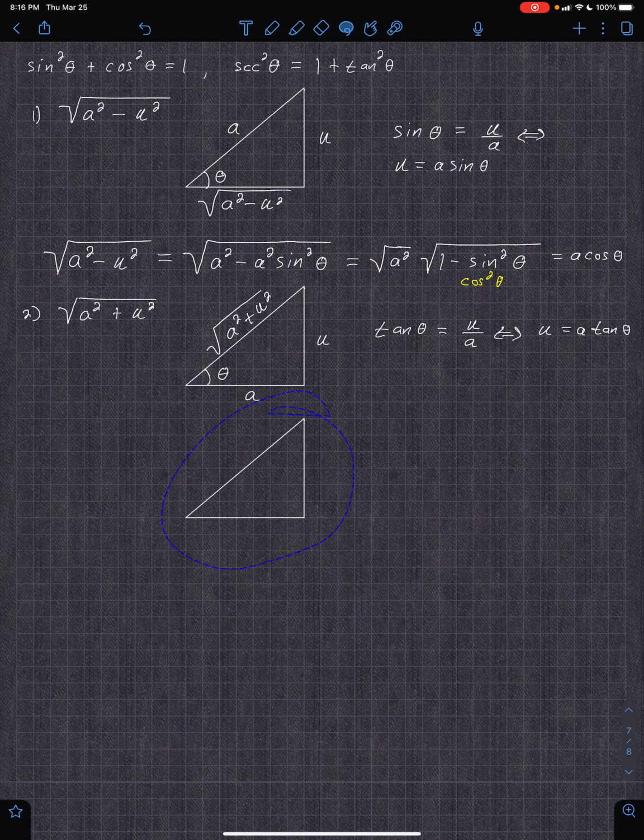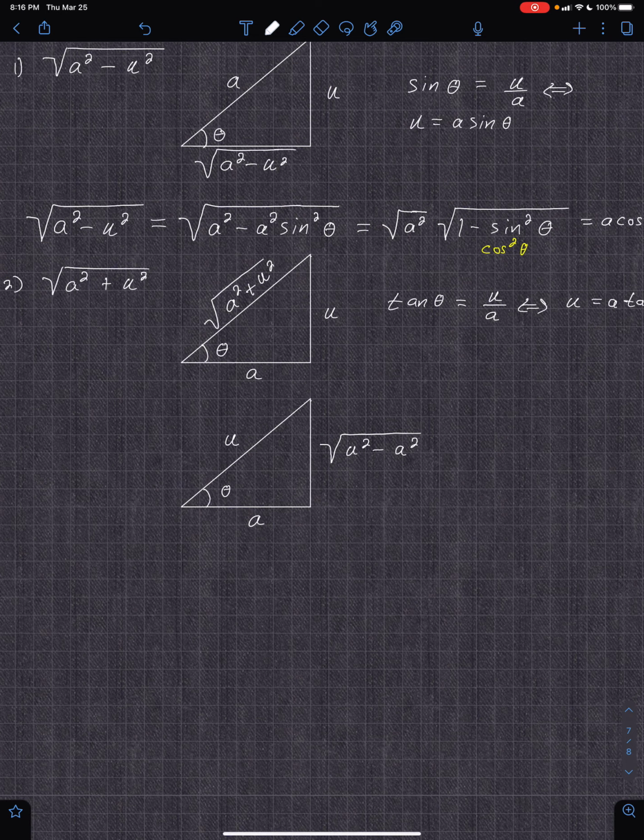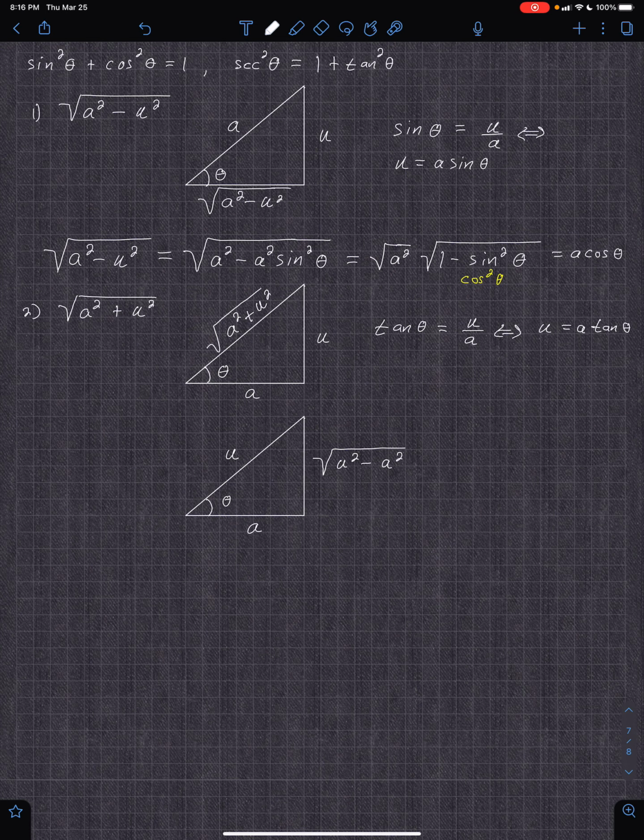Okay, last one. Last form of our radicals. We put the radical over here. Square root of u squared minus a squared means that a is here and u is here. And then this is still theta. So that's case 3. Square root of u squared minus a squared.